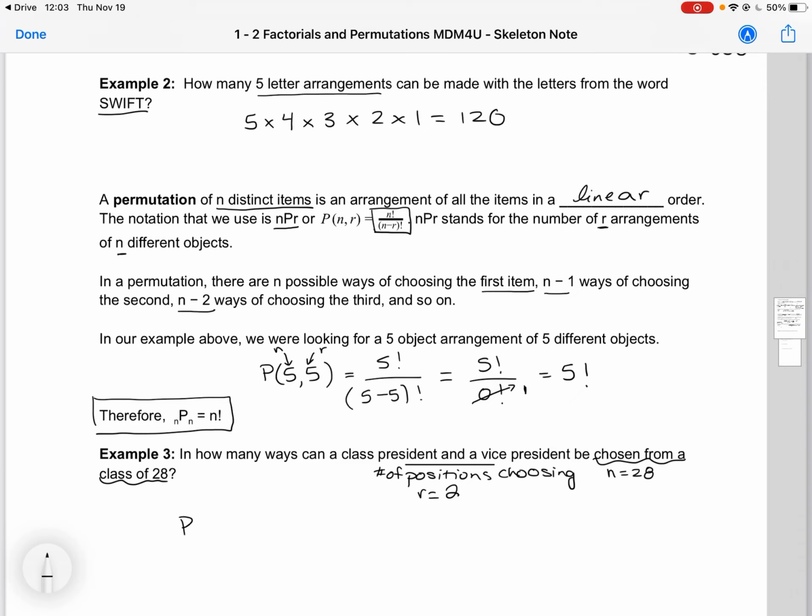So what you are looking for is out of 28 people, how many ways can you choose 2 of them? I can write this in factorial notation as 28 factorial over 28 minus 2 factorial, which gives me 28 factorial over 26 factorial, which gives me 756 ways a class president and a vice president can be chosen.